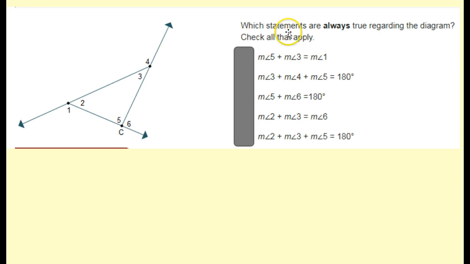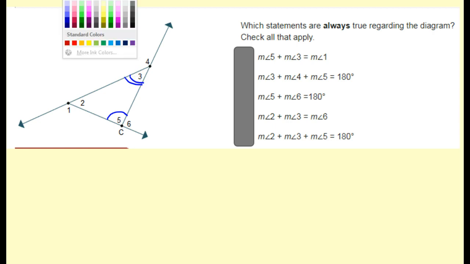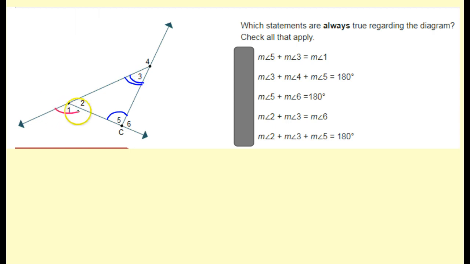Let's see. Which statements are always true regarding the diagram? Check all that apply. Okay, so angle 5 plus angle 3 is going to equal angle what? So angle 5 plus angle 3, will that always equal angle 1?